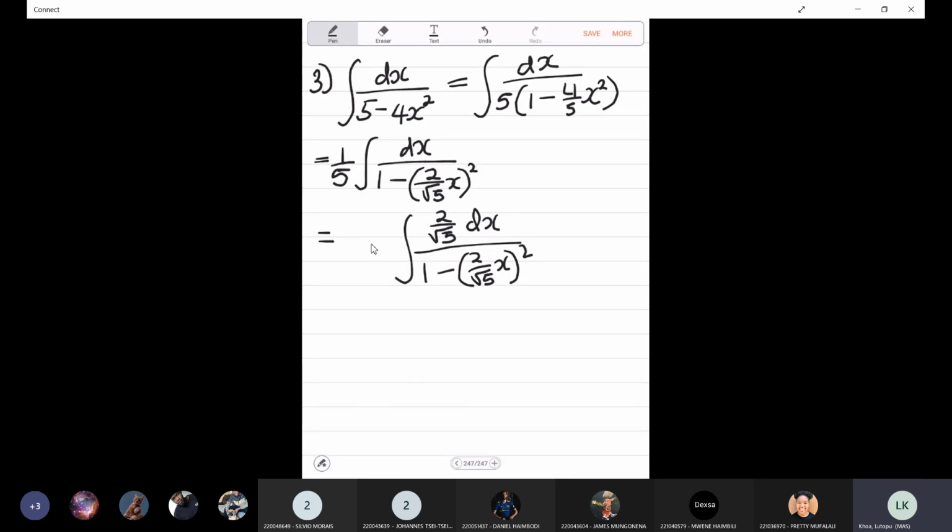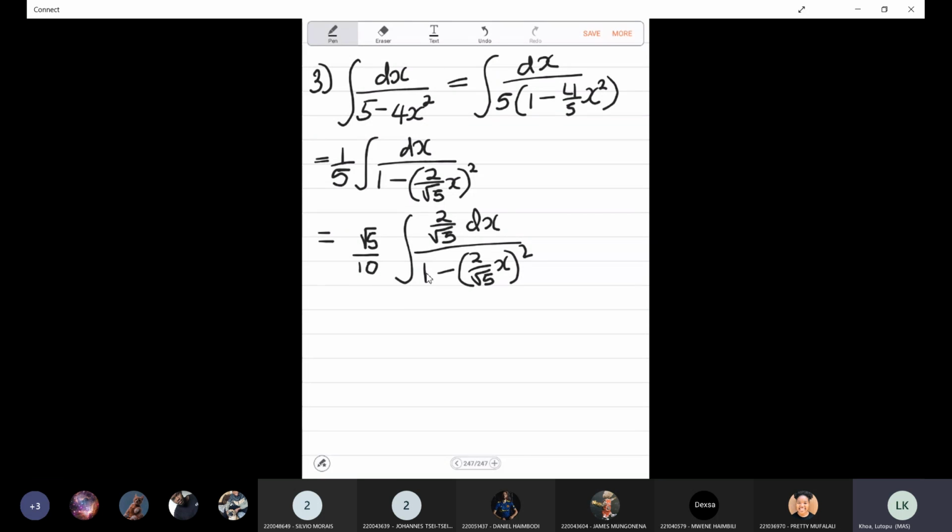And then to find out what we put here, we just say 1 over 5 divided by 2 over the square root of 5. So that is square root of 5 over 10. Okay, so again, if I multiply these two, the square root of 5s will cancel. I'll have 2 over 10, which is 1 over 5 that I have over there. Okay, so everything is set.